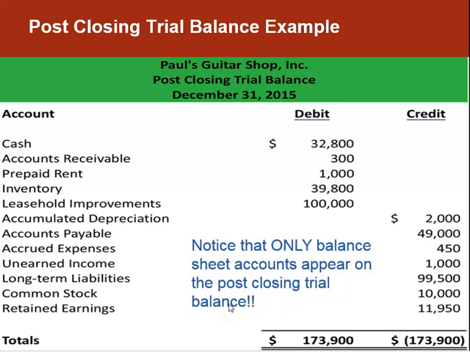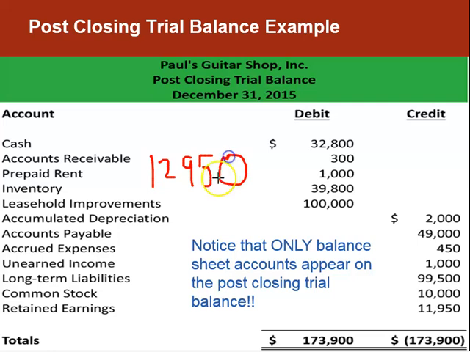If you were to go back, we had an adjusted trial balance. They're all jumbled up in here, but I seem to recall that when we looked at Paul's Guitar Shop income statement, they had $12,950 of net income.